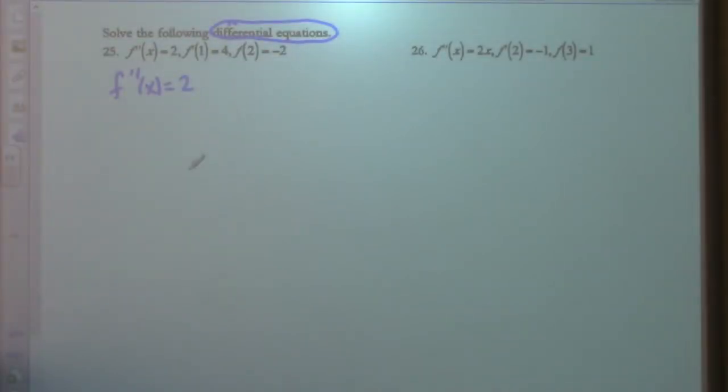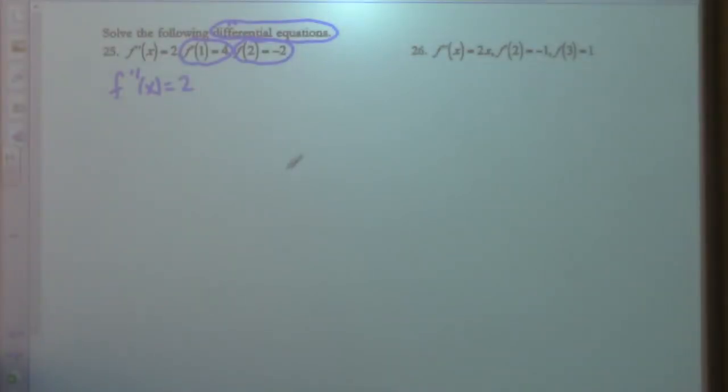What that is telling you is that you're going to want to integrate to find a general solution, and then you're given these points of data here that you're going to use to go from a general solution to a particular solution.